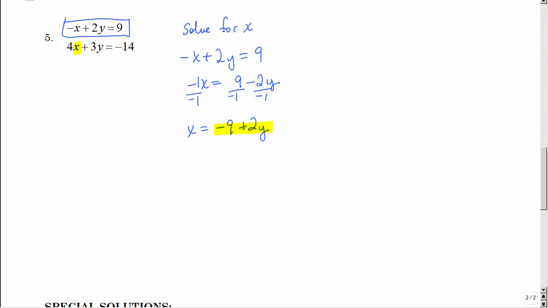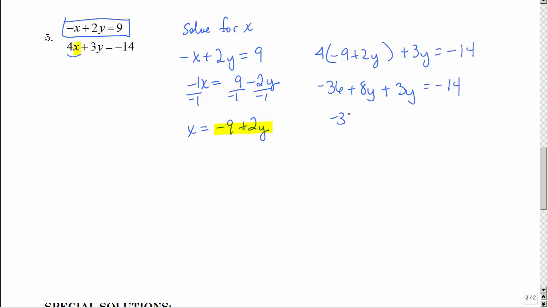So we're going to have 4 times not x, but negative 9 plus 2y. Distribute. So I'm going to add 36 to both sides.